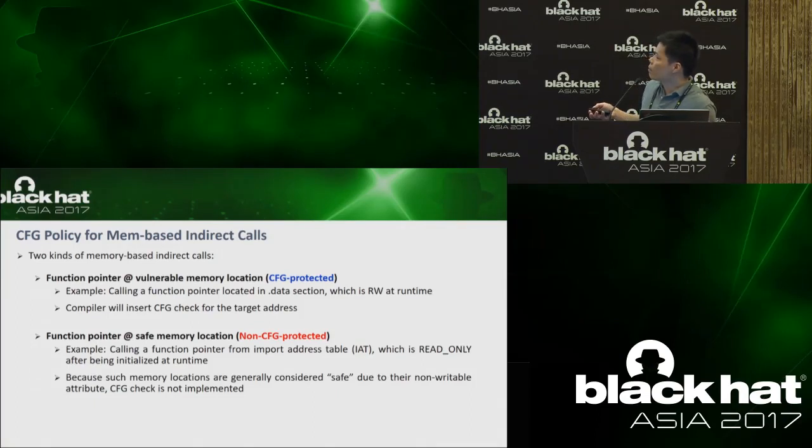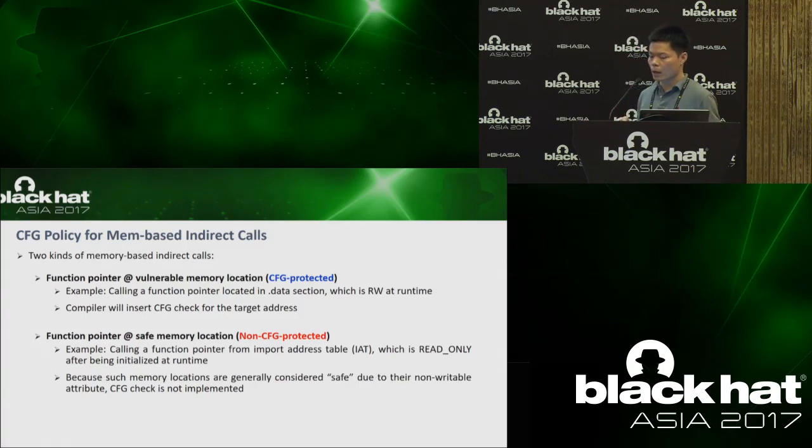Alternatively, the other kind of memory-based indirect call is where the function pointer is located at a safe memory location. Here, safe means not writable. For example, calling a function pointer from the import address table, which is located in the idata segment, which is read-only after being initialized at runtime.